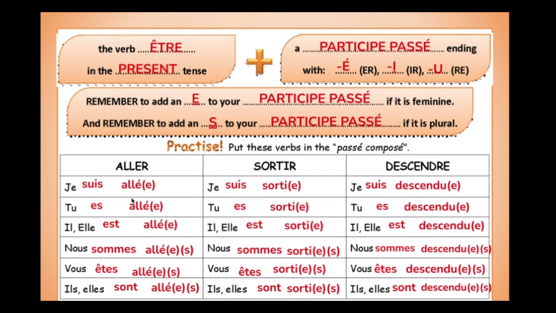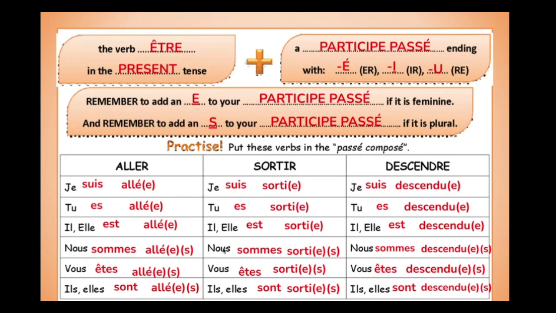For the verb to go: je suis allé, which is I went, tu es allé, il est allé, nous sommes allés, vous êtes allés, ils or elles sont allés. The second one is je suis sorti, tu es sorti, elle est sortie or il est sorti, nous sommes sortis, vous êtes sortis, ils or elles sont sortis.